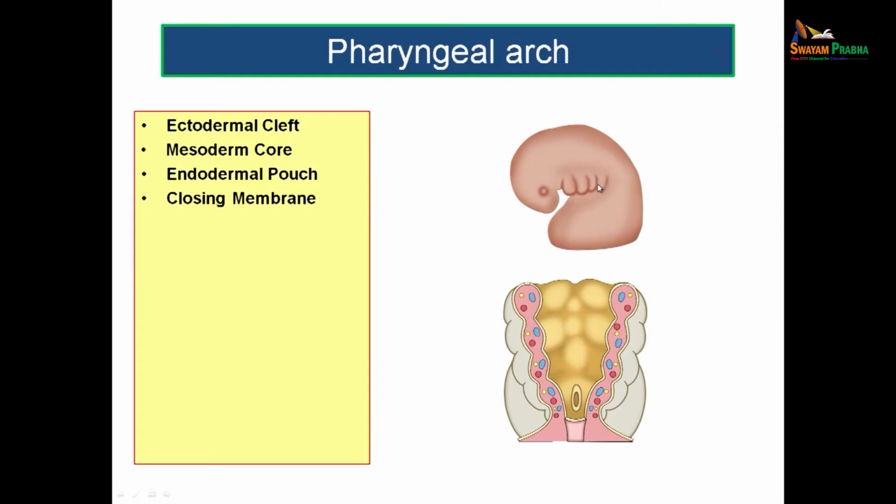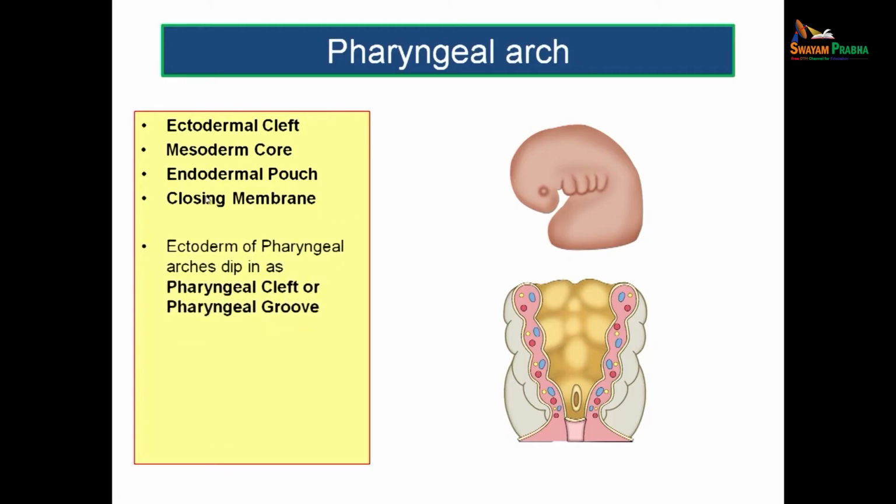These are known as the clefts in the ectoderm. That is what is meant by ectodermal cleft. Now, what do you mean by endodermal pouch? As the endoderm lines the inner aspect of the pharyngeal arches, similar to the ectodermal cleft, it also dips in between the pharyngeal arches.